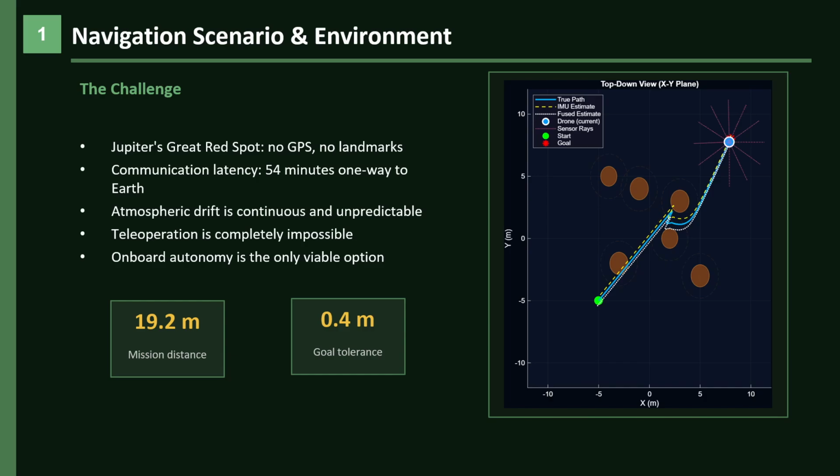The drone also needs to be fully autonomous, mainly because the communication latency between Jupiter and Earth is around 54 minutes for a one-way signal.